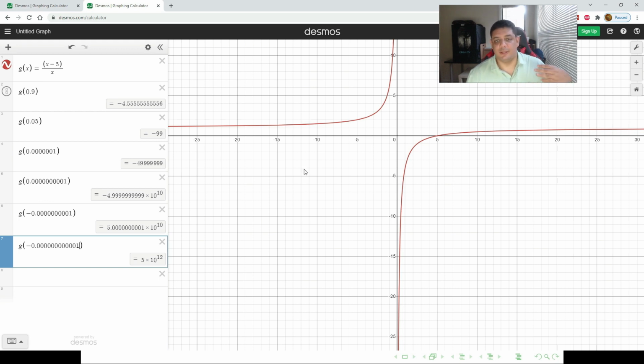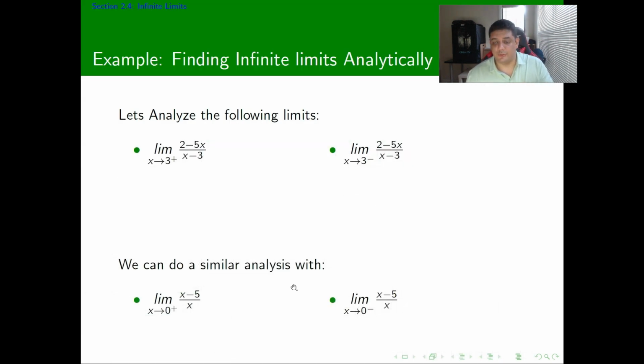So on this side, we can confirm what we see from the graph. One side is going positive, one side is going negative. Sometimes you're not going to have the graphing calculator, so you can just inform yourself from the results in the table.